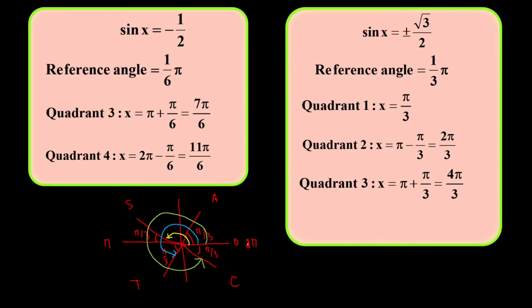But my reference line now is 2 pi. So I will take 2 pi minus pi over 3 to get the angle in the fourth quadrant. That will give me 5 over 3 pi. Now I'm going to write that in, so I'm going to clear that first.